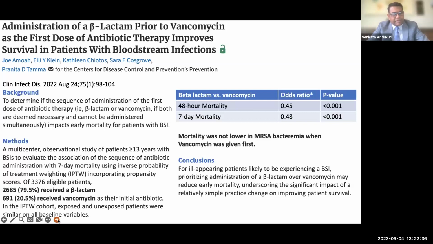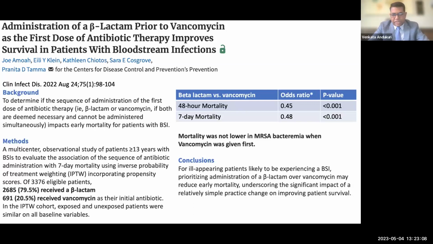So the methods: a multi-center observational study, patients were over 13 years with bloodstream infections to evaluate association of sequence of antibiotic administration with 7-day mortality using inverse probability of treatment weighting, incorporating propensity score matching here. So there were about 3,376 eligible patients, 2,685 received beta-lactams and 691 received vancomycin as an initial antibiotic.